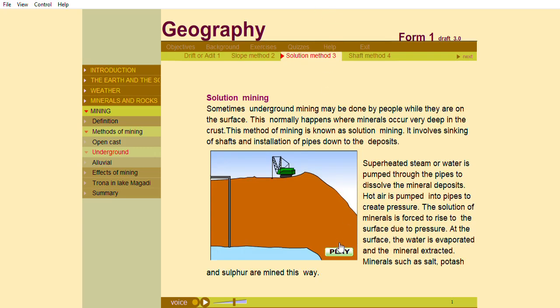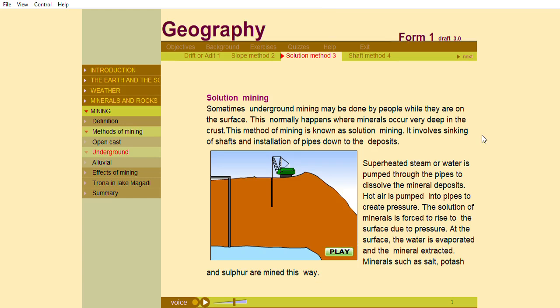Sometimes, underground mining may be done by people while they are on the surface. This normally happens where minerals occur very deep in the crust. This method of mining is known as solution mining. It involves sinking of shaft and installation of pipes down to the deposits.